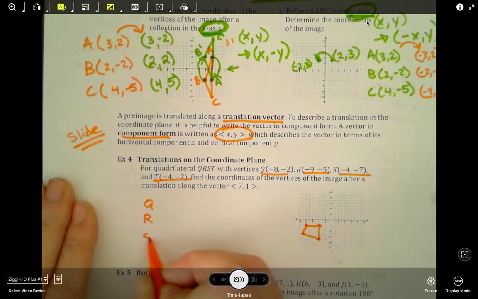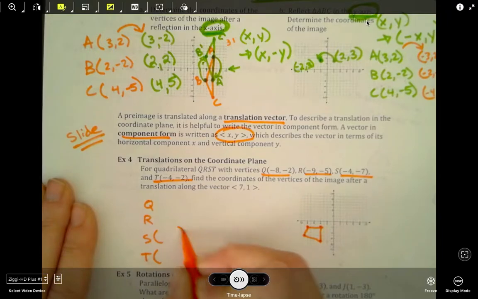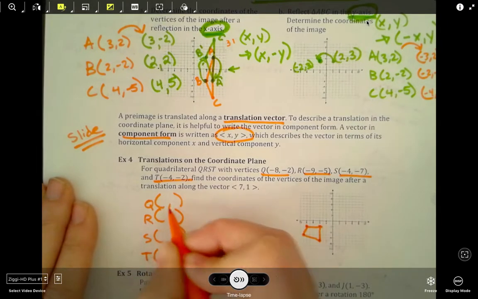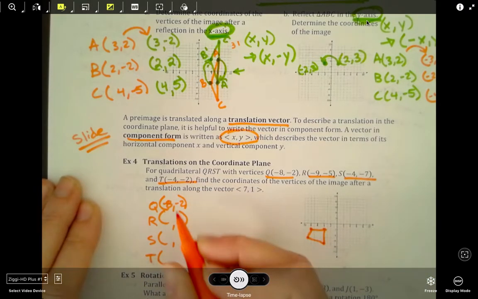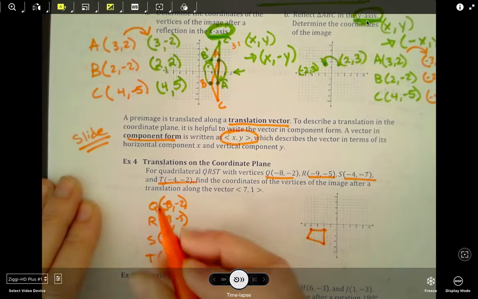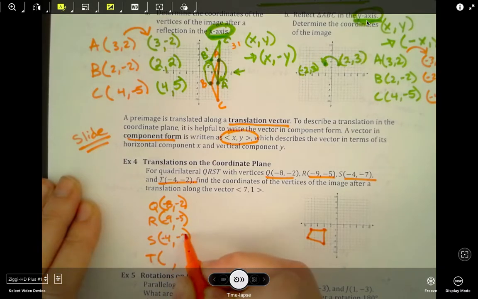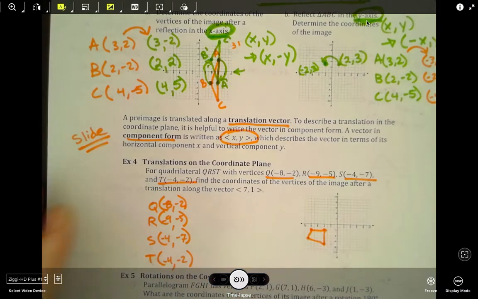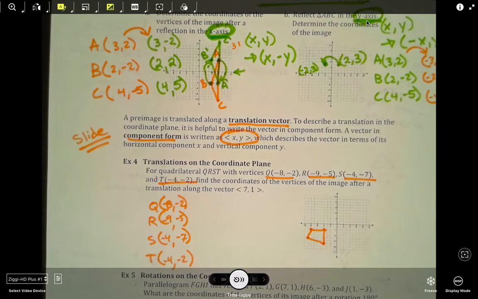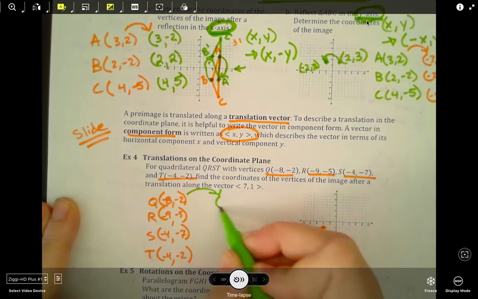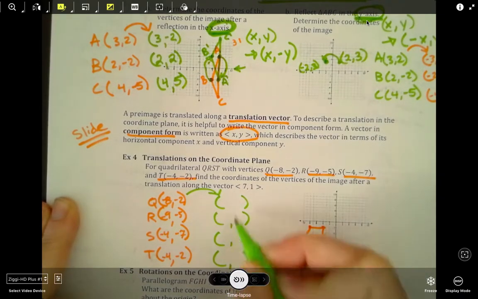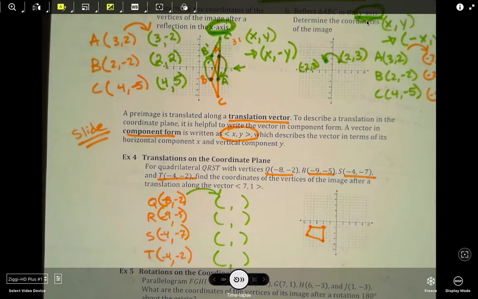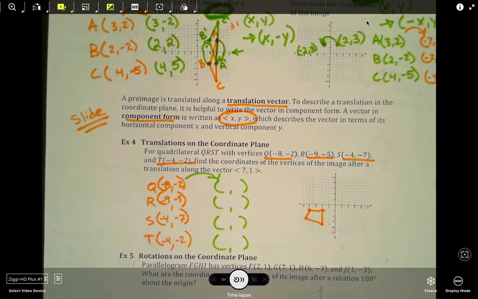Q, R, S, T. I am going to graph this one just so you can see what he looks like when we're done.